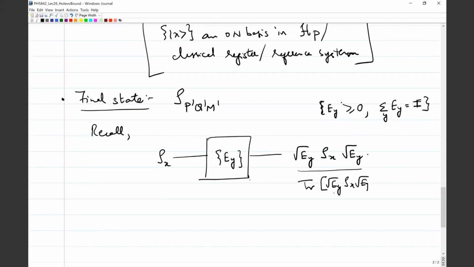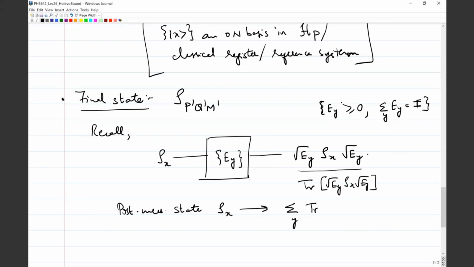And then the full post measurement state for a given rho X is going to be a sum over all of this, weighted by the probability. Note that whatever I used for the normalization is nothing but the probability of getting outcome y given rho x.